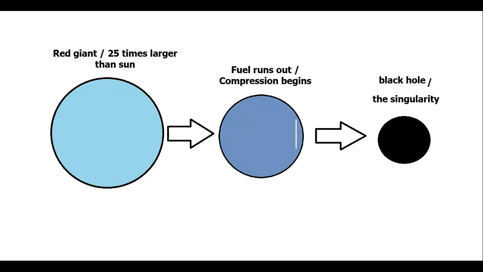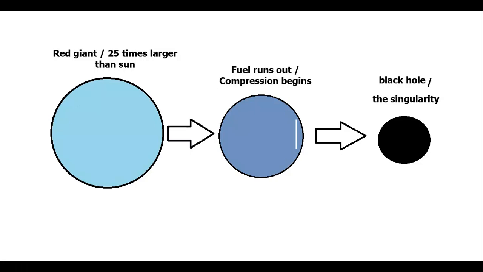Okay, so black holes are giant stars 25 times bigger than our sun, and they are burning up all this hydrogen, which is exploding and counteracting gravity. Then, upon their life's end, the hydrogen runs out.